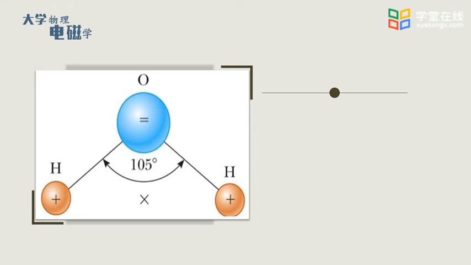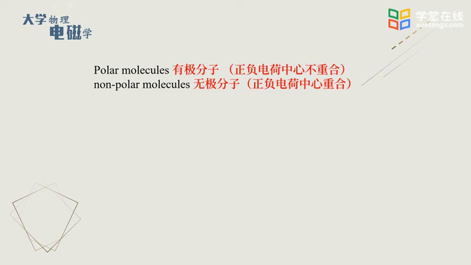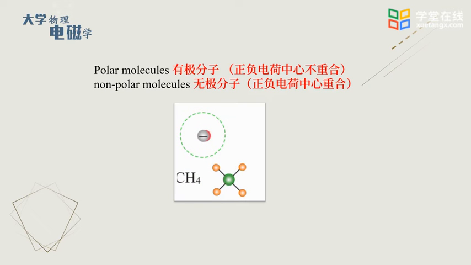In this case, we say a molecule is polarized because a separation exists between the center of the negative charges and that of the positive charges. In some molecules, such as a water molecule, the polarization is always present. Such molecules are called polar molecules, while molecules that don't possess a permanent polarization are called non-polar molecules.